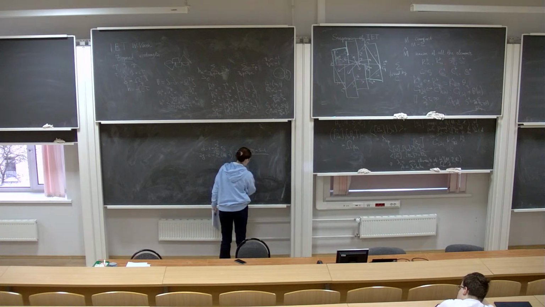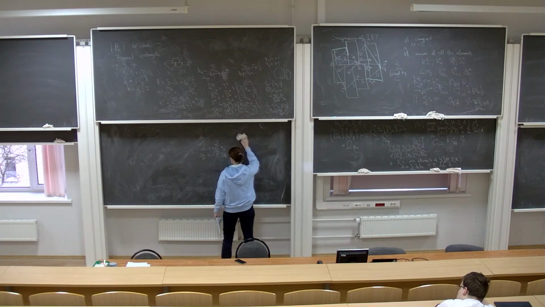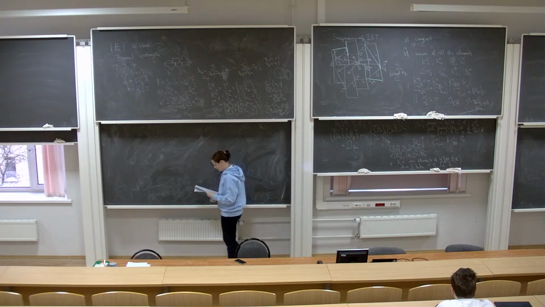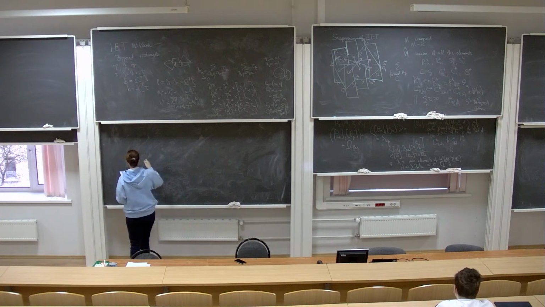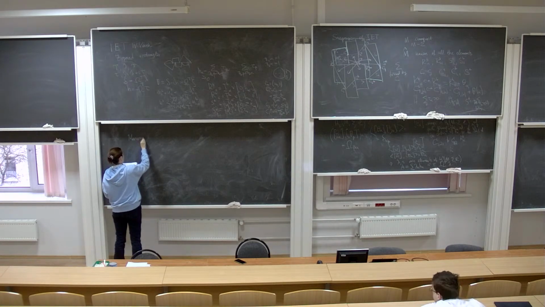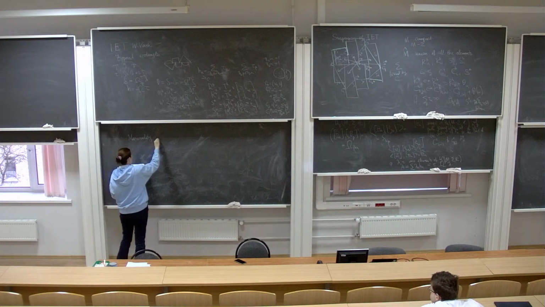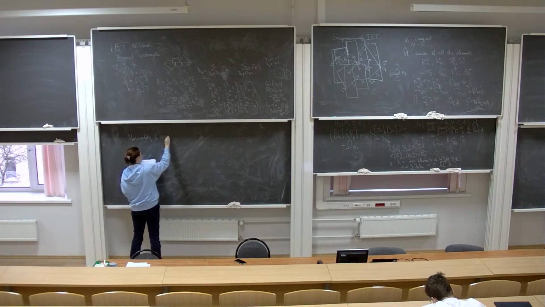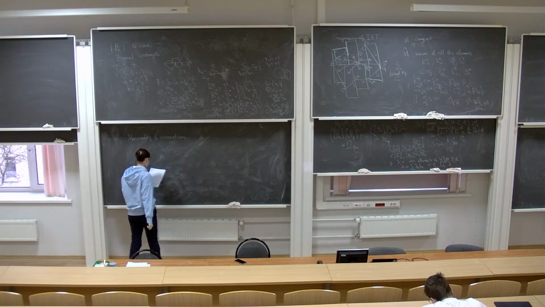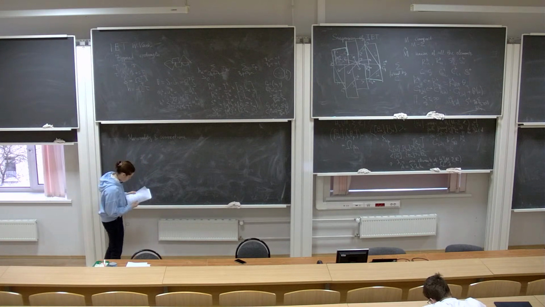So let me start with the topological one. So it's about minimality and connections. So what happened in the case of torus?